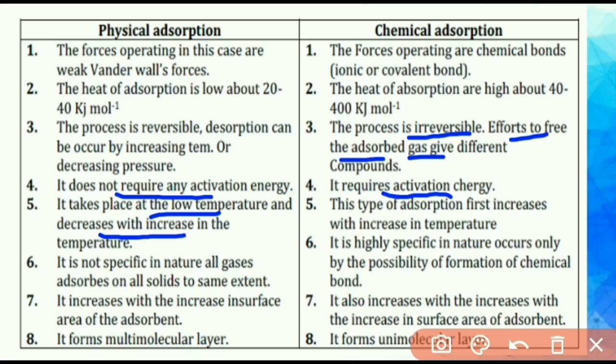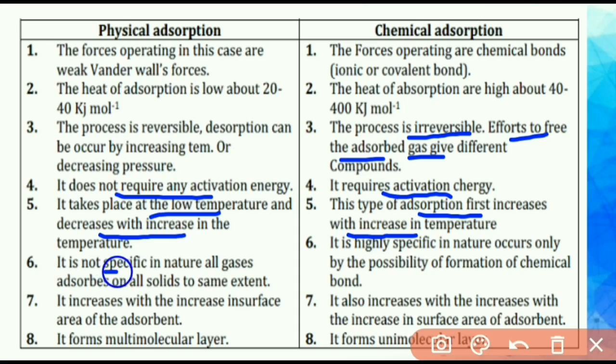In chemical adsorption, the adsorption first increases with increasing temperature, and after that it decreases, because it forms only a unimolecular layer, and after that the adsorption process decreases with increasing temperature.